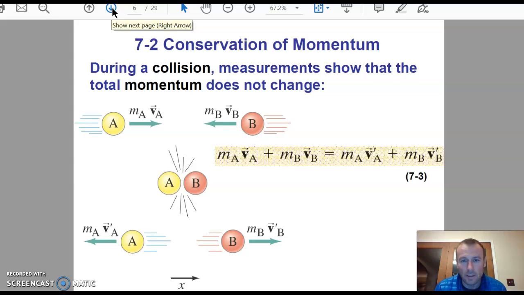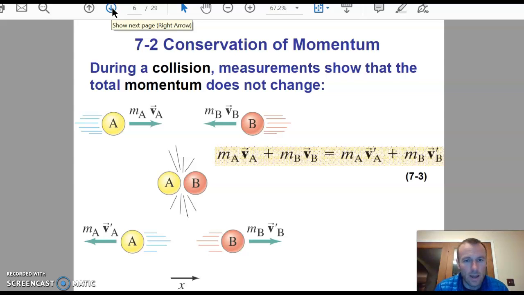So everything on the left-hand side of this equation represents the total momentum before the collision. After the collision, we expect the same exact thing: the final momentum equals the initial momentum, although we might break it up and look at what's happening with ball B and what's happening with ball A.